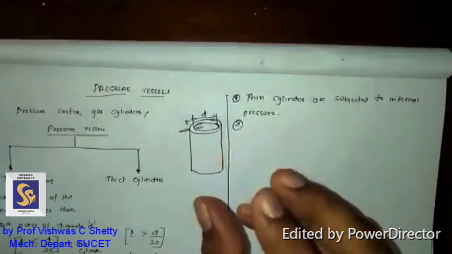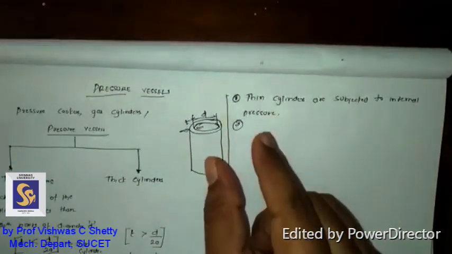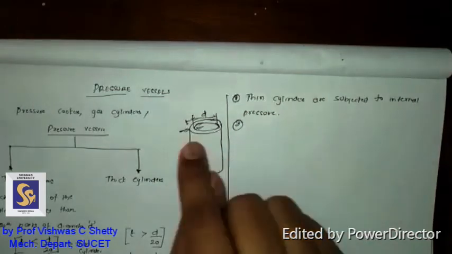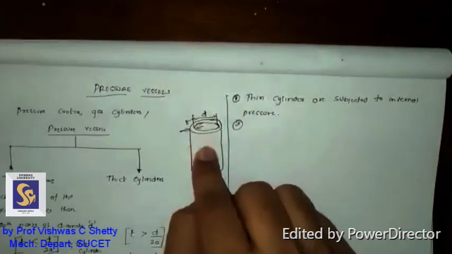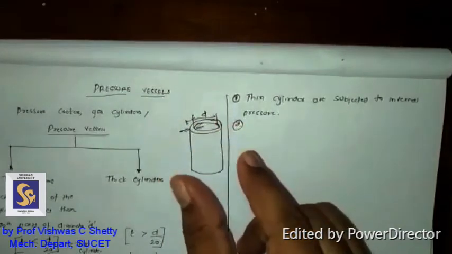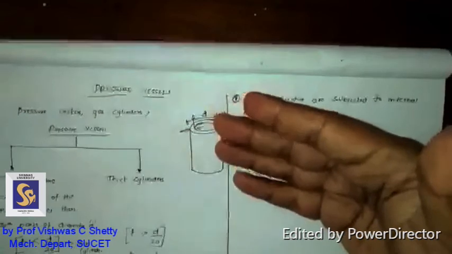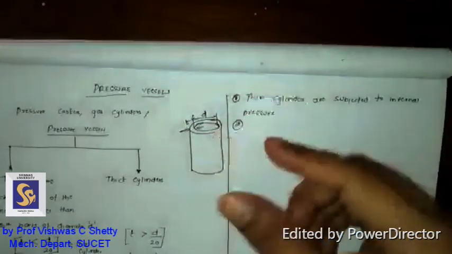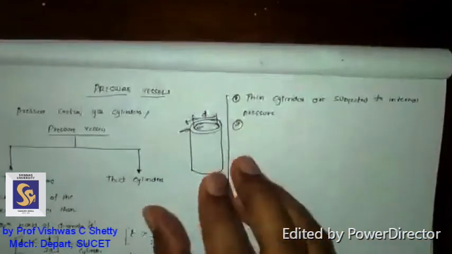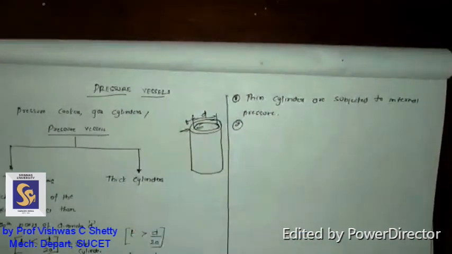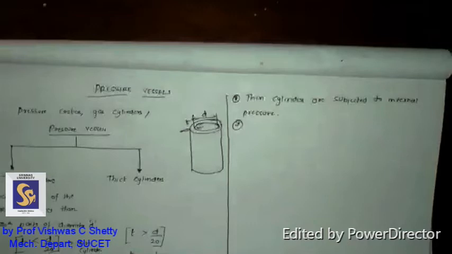So you have to design this cylinder in such a way that failure does not occur. For that reason, you should know what stresses are coming inside, which will lead to failure of this cylinder. If you know that, then it is easy for you to design a cylinder so that it will hold the gas pressure inside. For that reason, you should study the stresses occurring inside the cylinder.